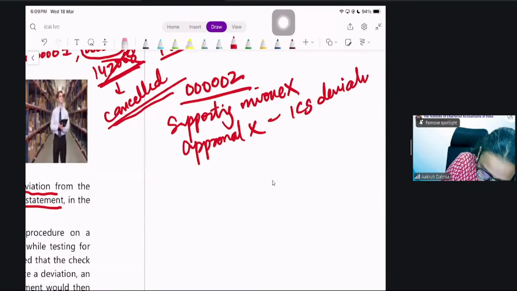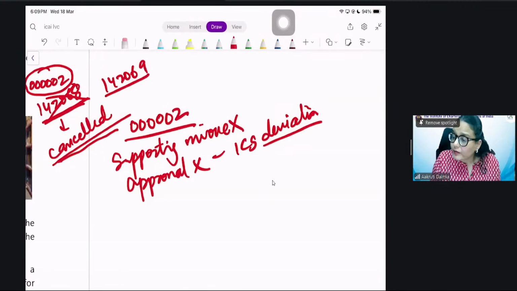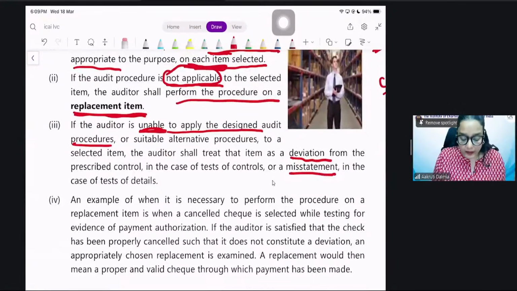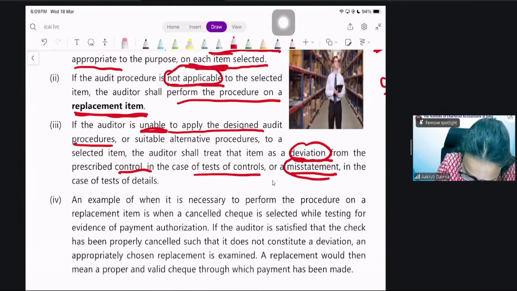And if the invoice is not available, it can create doubt that maybe the amount itself is incorrect or the entry itself is incorrect and it's a misstatement fully. So if you are unable to apply the designed audit procedures or suitable alternative procedures to a selected item, you shall treat that item as a deviation from control if you are doing test of control, and you can treat it as a misstatement in case of test of details.